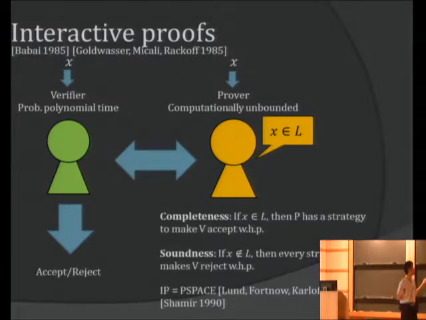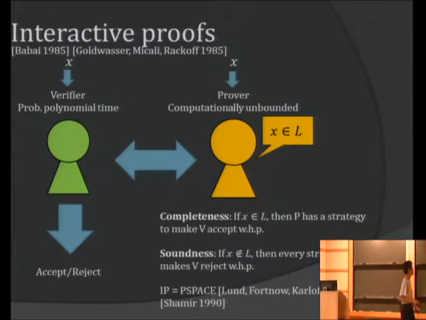So the important question was which problems or which kind of claims can we verify efficiently by interacting with someone who can compute anything. So we are not concerned with how difficult it is to come up with a proof, but we only consider the difficulty of verifying the proof.